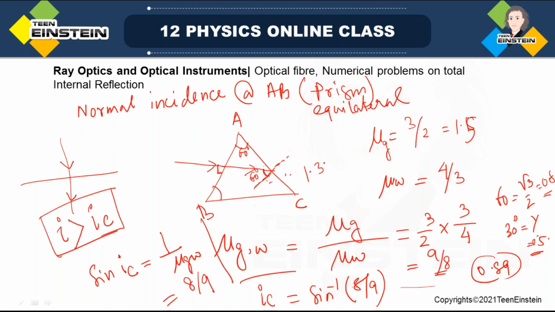So it will come around 0.8686. So this is the critical. So this 60 degree is becoming less than critical angle.